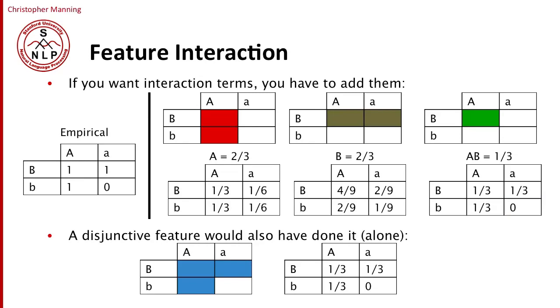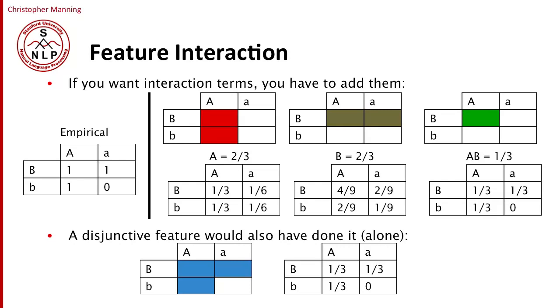So what that shows is that maximum entropy models don't model for free what statisticians call interaction terms. If we want to say something special about how the combination of having big A and big B behaves, we have to do that by putting in extra features that model that.